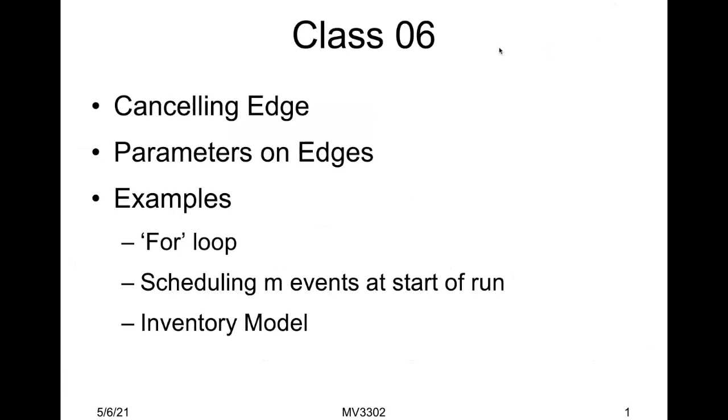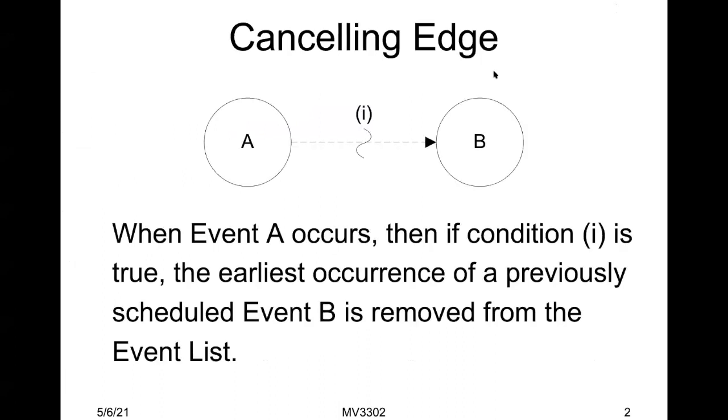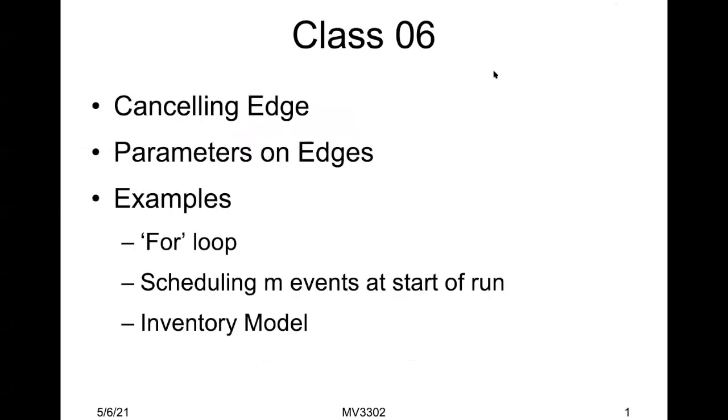One of the things that I was emphasizing, in the basic way that the event list works, is that events get scheduled. They're kept in order of scheduled time, not the time that they were scheduled, but the time they're scheduled to occur.